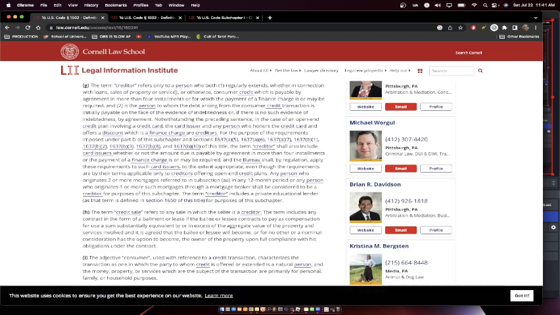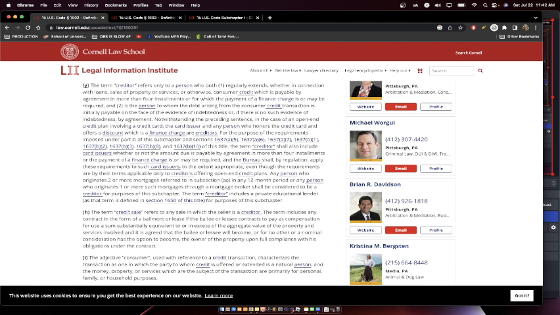Okay, creditor refers only to a person who regularly extends, whether in connection with loans, sales of property or services, or otherwise, consumer credit which is payable by agreement in more than 4 installments, or for which the payment of a finance charge is or may be required.